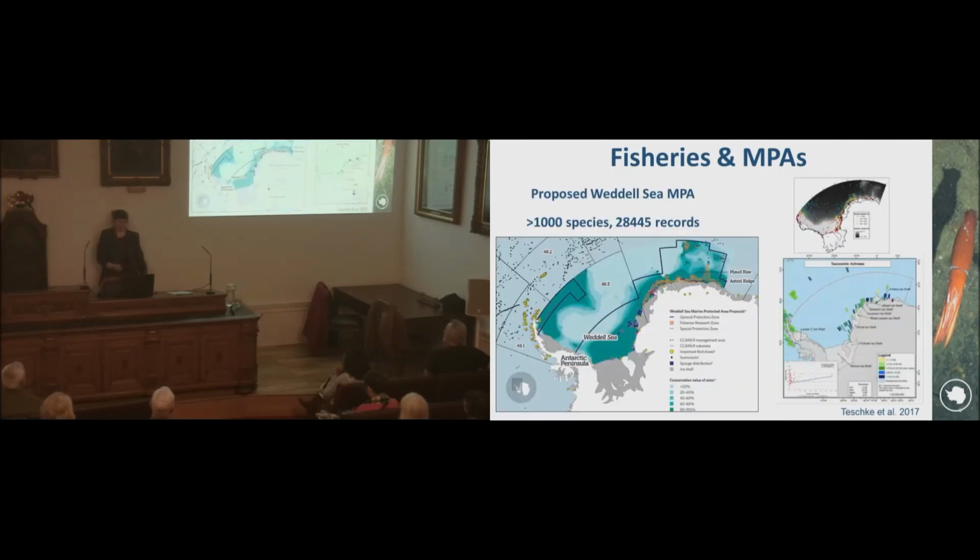I was involved in preparing the proposed Weddell Sea MPA, which is a German-led and EU proposal to CAMLR, to show that all the European countries, including the UK, are behind it and have been working on this for a decade now. We had to look at all sampling spots in the Antarctic and all the biological data that we have.